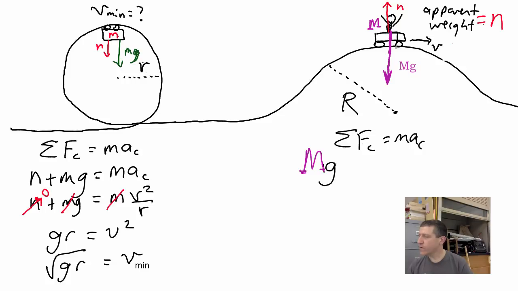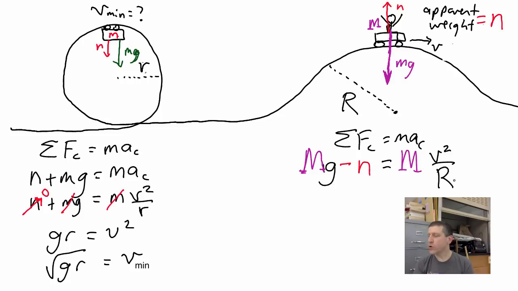That's one of the forces. The other one is N, and it's going to be negative because it's pointing away from the center of the circle. mg minus N equals, again the capital M, the mass of the person, and AC, I'll just put in right now, v squared over, in this case, big R here.